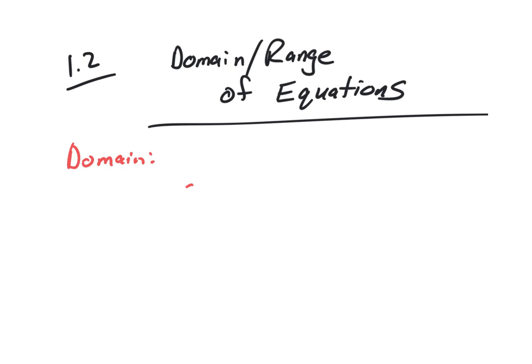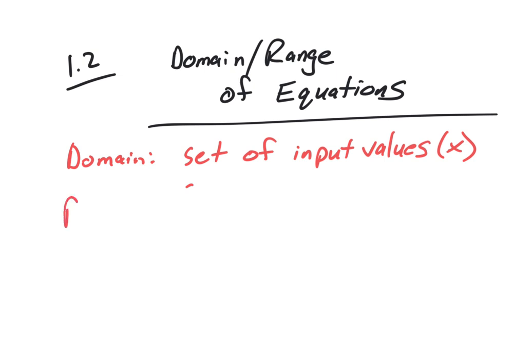Domain is your set of input values. Typically, that will be x. X is the variable that we use most of the time for that. But if you have a story problem, it may not always use x and y in the equation. And so it's whatever we're putting into the function.